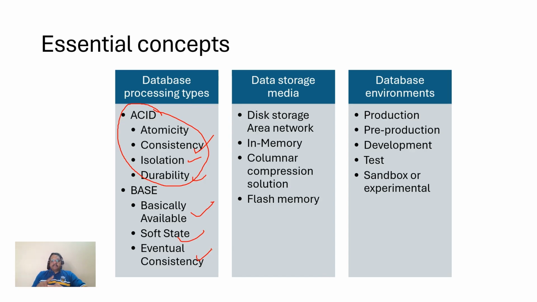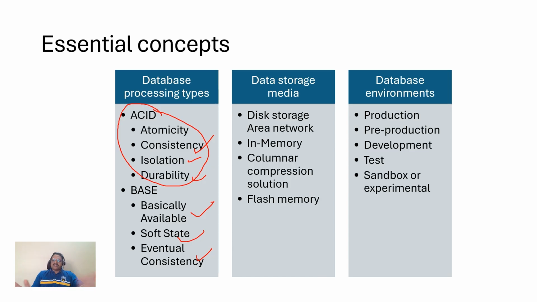So BASE is basically available, which means the system is available, but it may not be perfect every time. Soft state, things might change in the system over time. It's very flexible, nothing set in stone. Then eventually consistent.